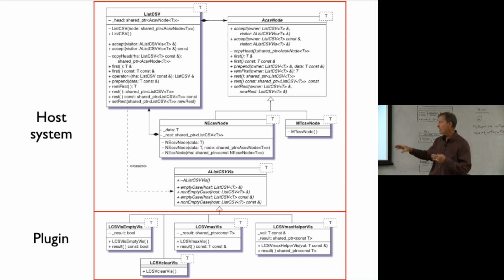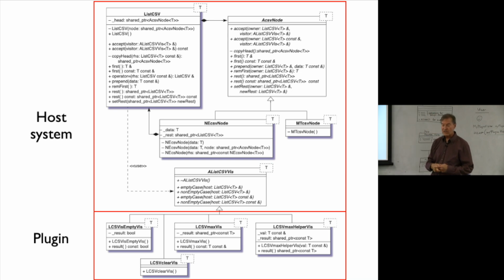What happens now, in this visitor pattern implementation, is the host system is going to do the list version. And all we have to do is replicate the empty case and the non-empty case to do what we did before with the empty node and the non-empty node. But since they have different names, you still have to call specifically which one.